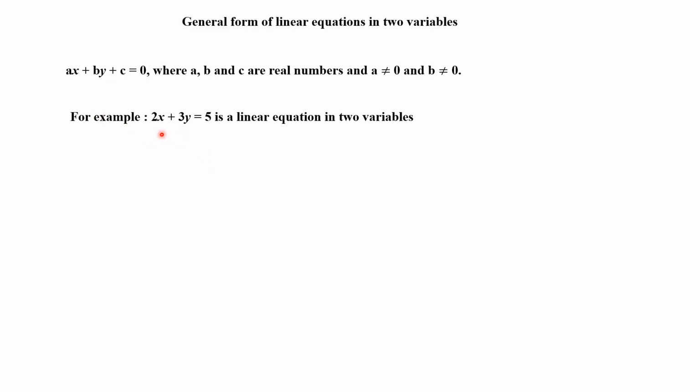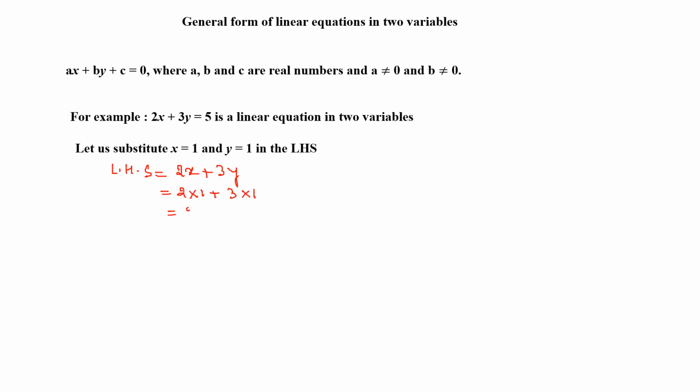Now I have given one example where it is 2x plus 3y equal to 5. This is a linear equation in two variables because it has two variables x and y, and the power of the variable is 1. Now what I'm going to do, let us substitute x as 1 and y as 1 in the LHS and let's see what happens. So if I take my LHS, LHS is 2x plus 3y, and I'm going to substitute x as 1 and y as also 1.